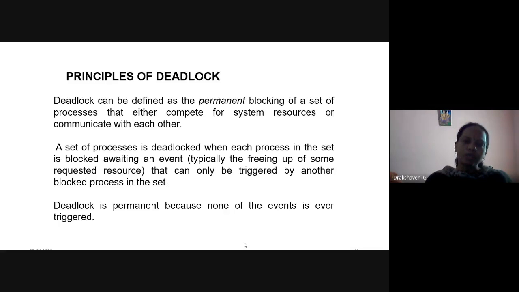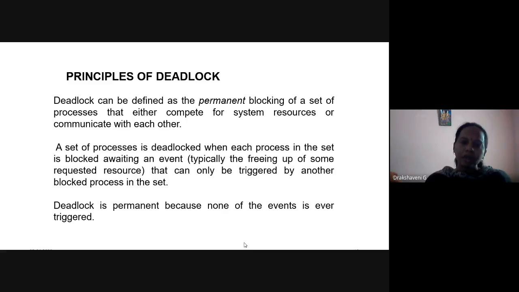A set of processes is deadlocked when each process in the set is blocked, waiting for an event, typically the freeing up of some requested resource, that can only be triggered by another blocked process in the set.